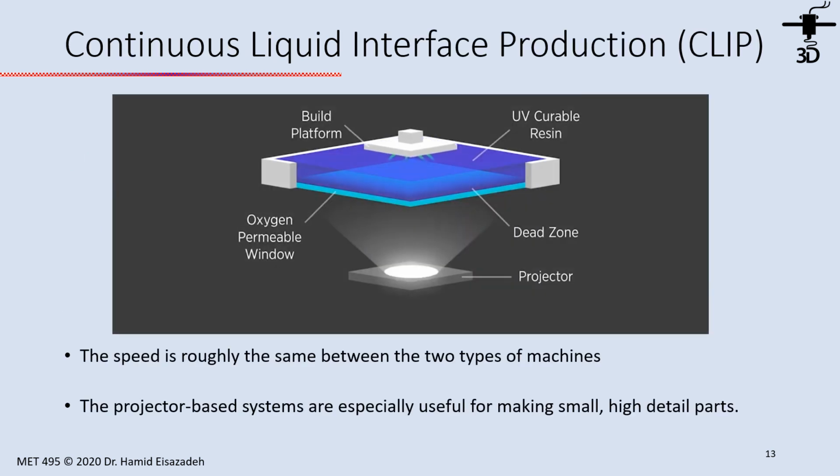Many SLA machines use a scanning laser, one or more laser spots. But there are a lot of machines that use LED. LED means light emitting diodes, and they use LED in combination with projectors instead of that scanning laser.